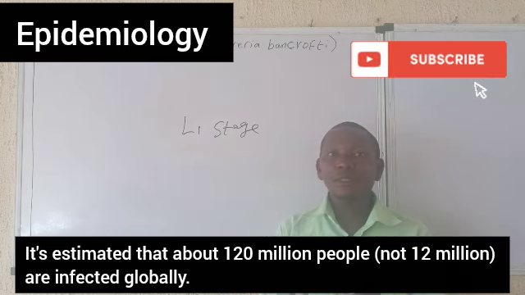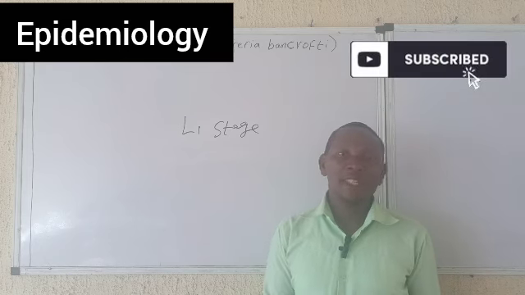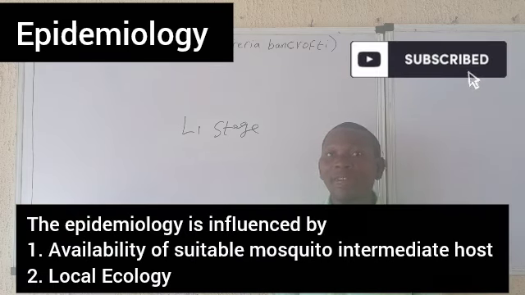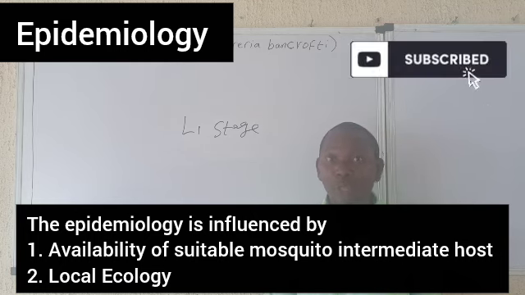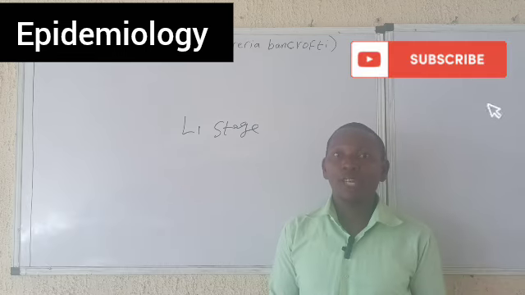Take note of that. The epidemiology of this parasite is influenced by several factors, such as the availability of the appropriate mosquito, which transmits this, and also the local ecology. A suitable local ecology is very important for the distribution of this parasite. Please take note of that.